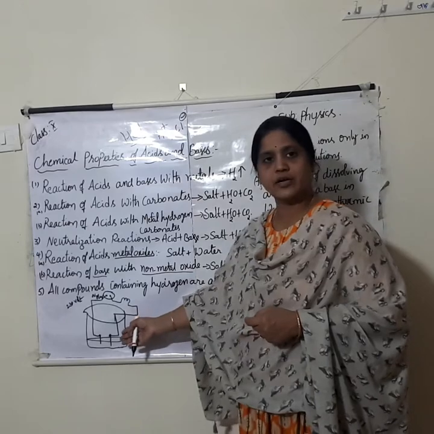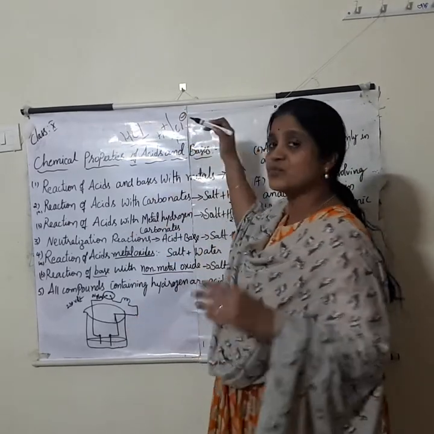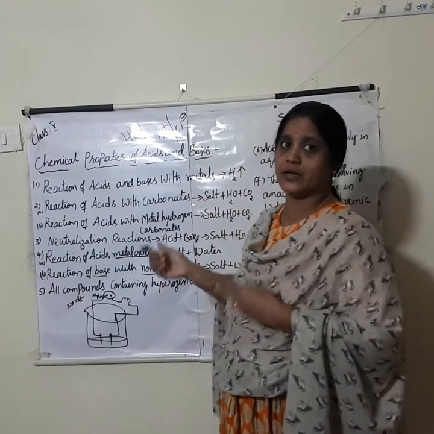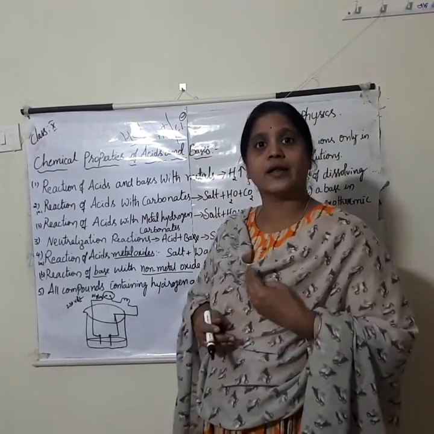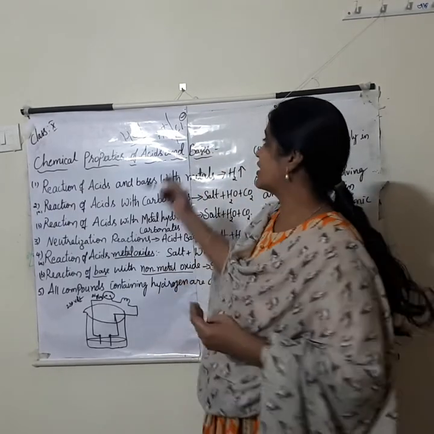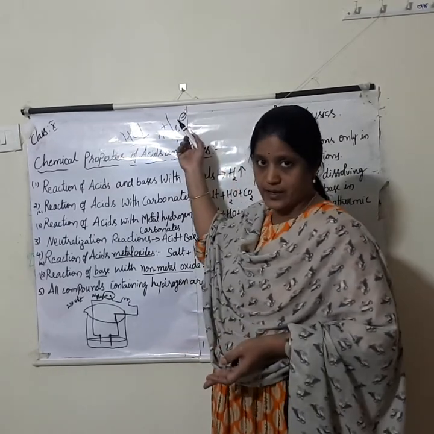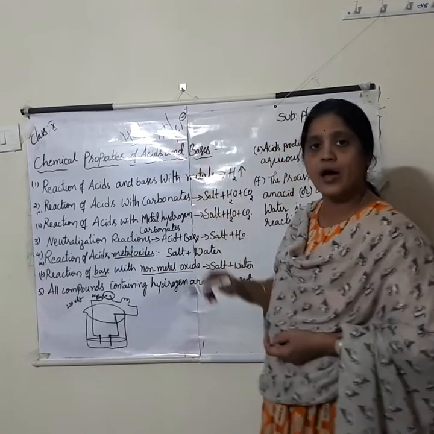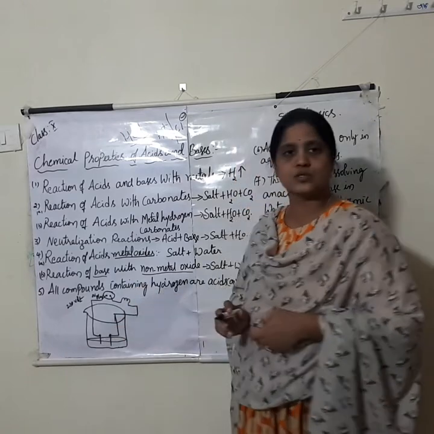Ions, as I explained in the last video: when an atom loses an electron, it gets a positive charge; when an atom gains an electron, it gets a negative charge. When it gets positive charge we call it a cation, and negative an anion. So it dissociates into positive and negative ions, and due to these ions, the bulb glows.